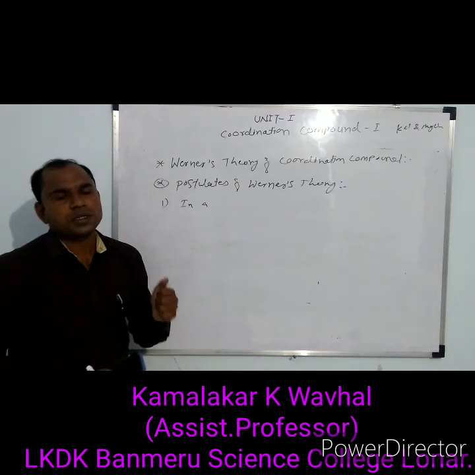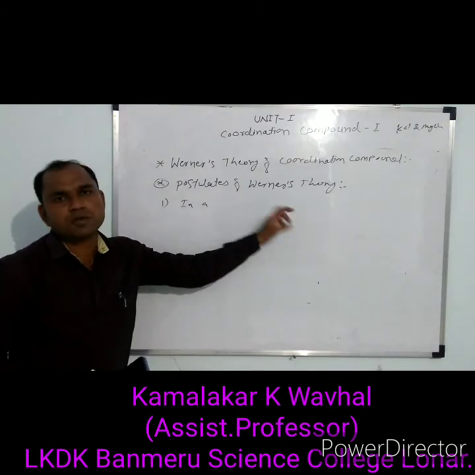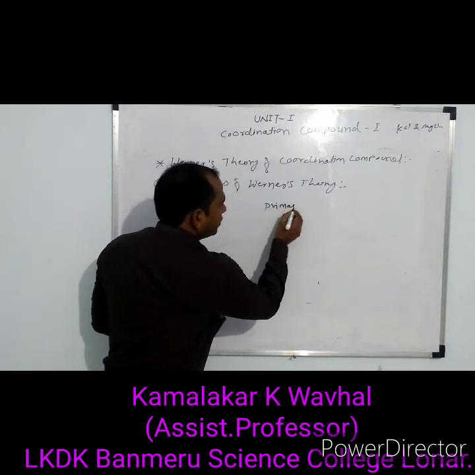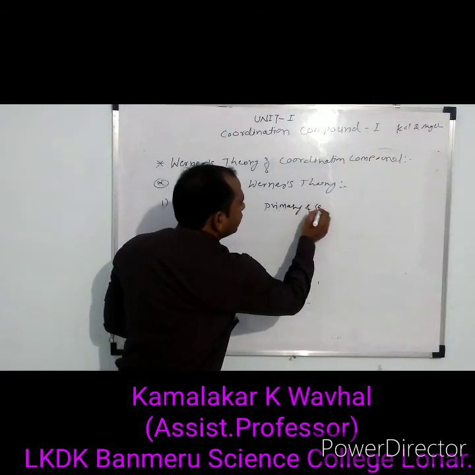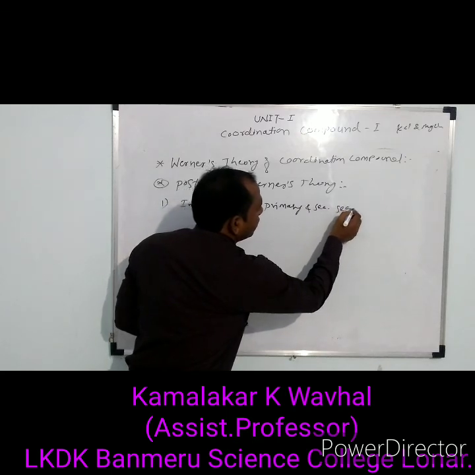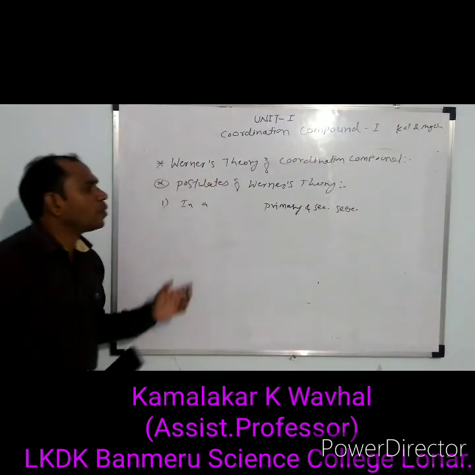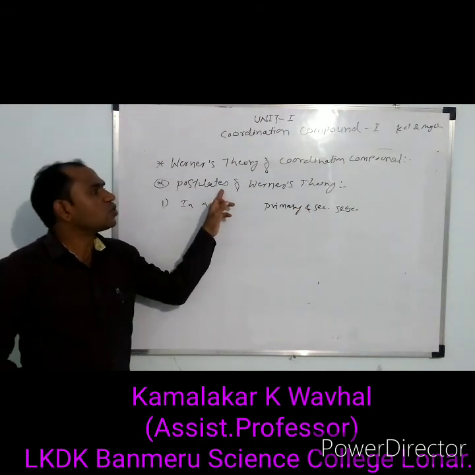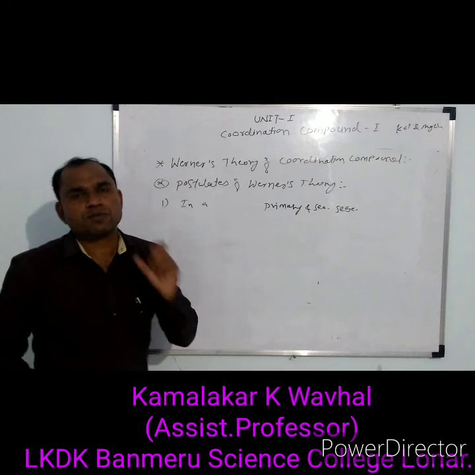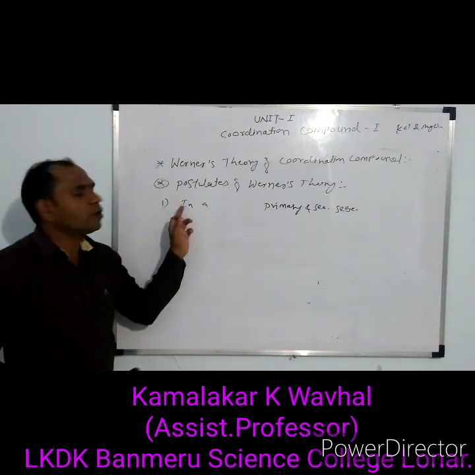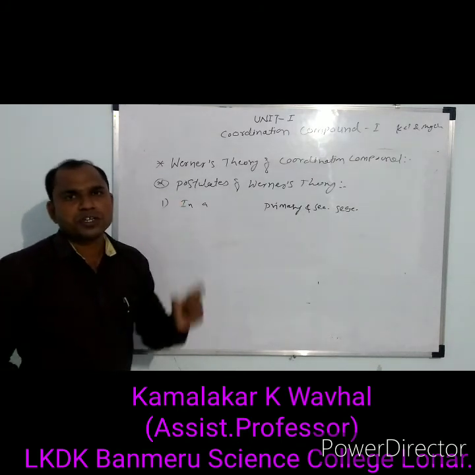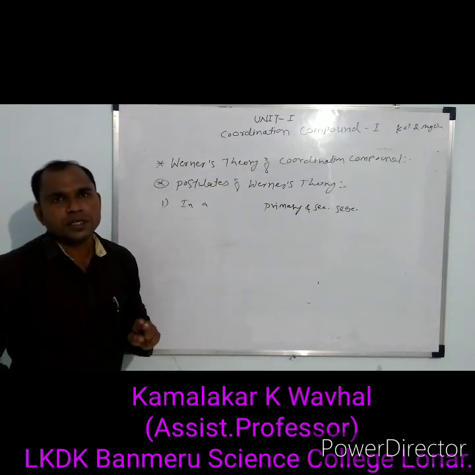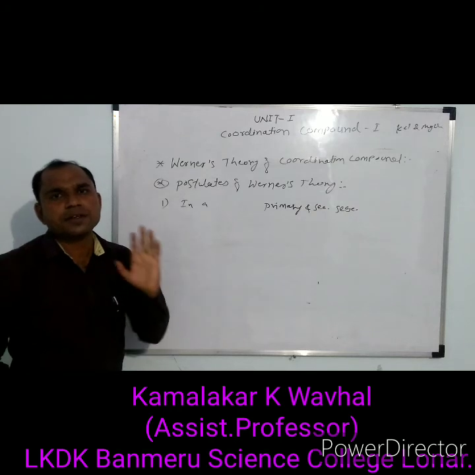The first is called the primary valency, and the second is called the secondary valency. This is the first postulate of Werner's theory: most of the elements show two types of valency, the primary valency and the secondary valency.